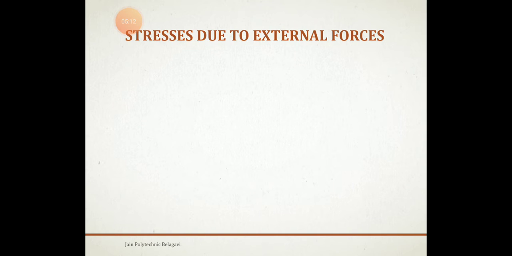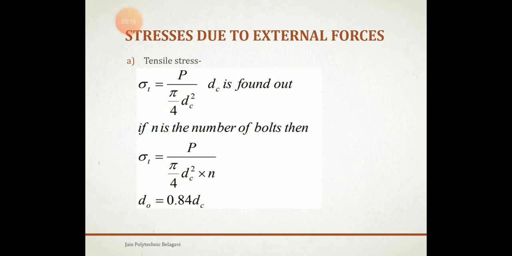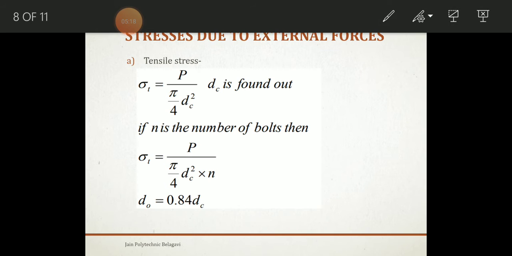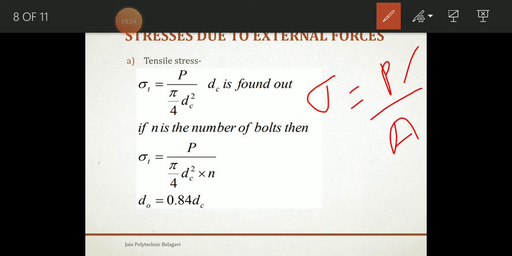Stress due to the external forces. Tensile stress: how to calculate it? This is your basic equation, sigma equal to P by A, where P is the load acting and A is the cross-section area. A is calculated as pi by 4 into dc square.